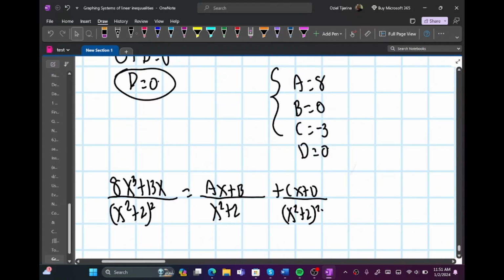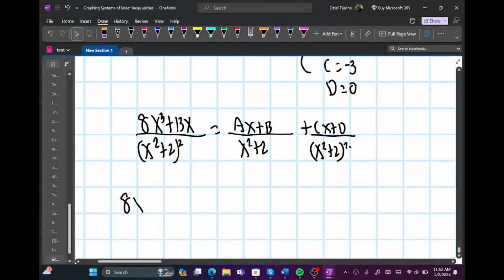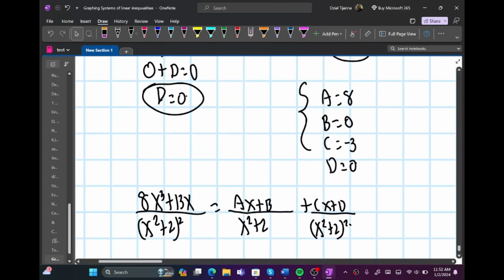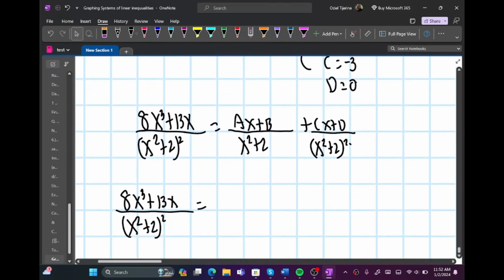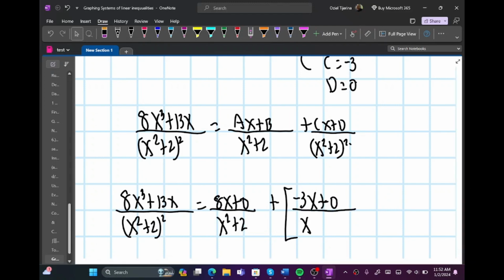We end up saying that 8x cubed plus 13x over x squared plus 2 quantities squared is equal to 8x plus 0 over x squared plus 2, plus the quantity negative 3x plus 0 over x squared plus 2 quantities squared.